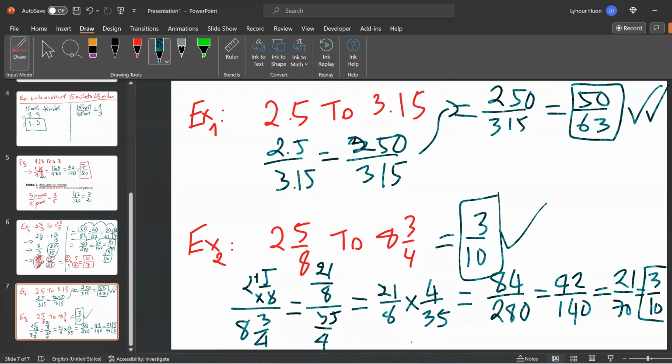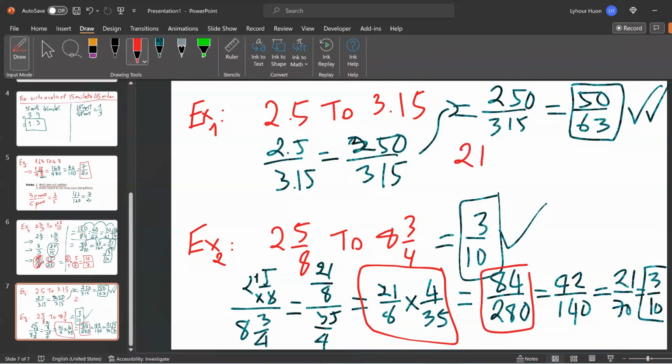Okay, this is correct, but if you are right here, you can simplify a little without multiplying them to get this answer. We can start simplifying them.